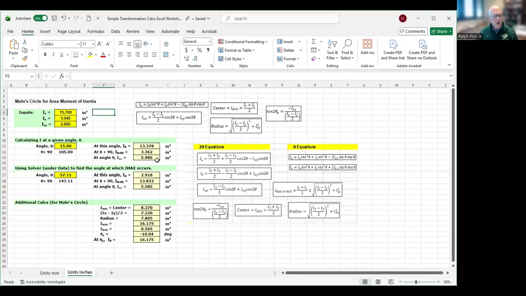And the IXY in that coordinate system, I think we got 6, but this is 5.99 inches to the fourth. So just plug in that 15 degrees and you get those numbers.